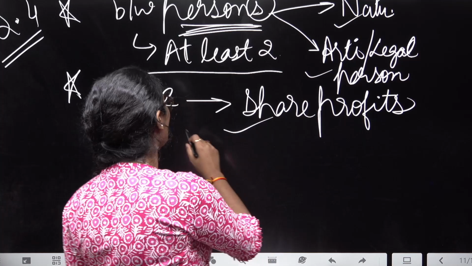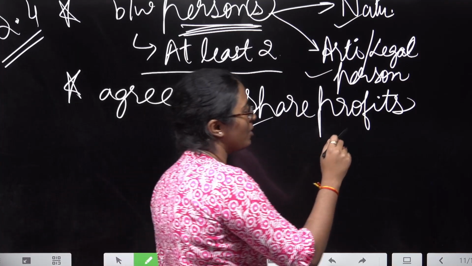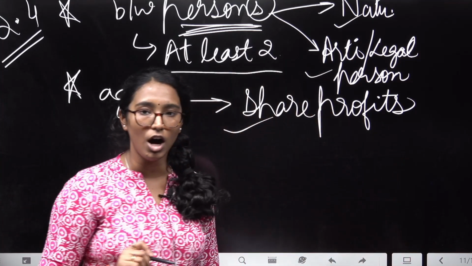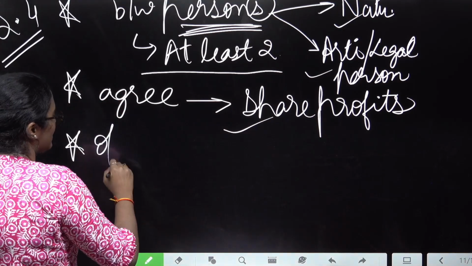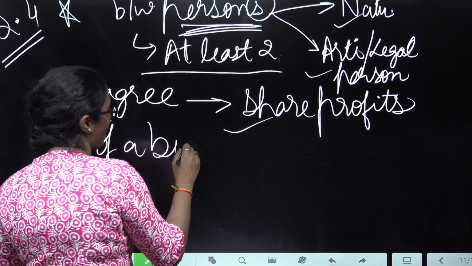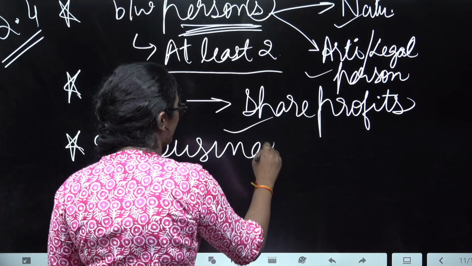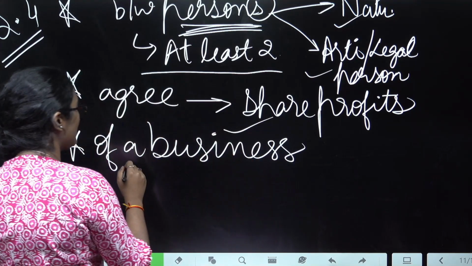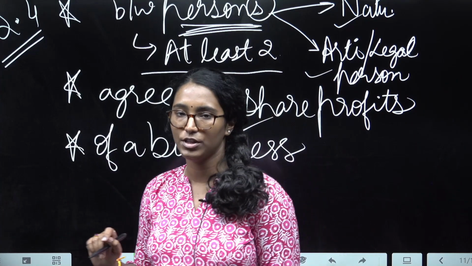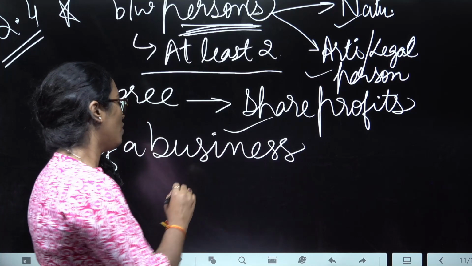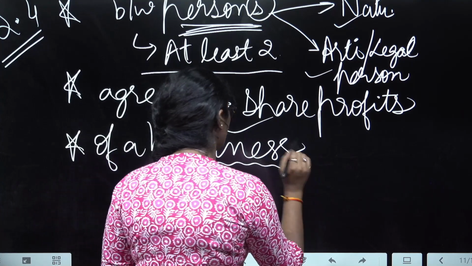So, these people agree to share the profits of what? They are agreeing to share profits of a business. This is the next important element. Now, what does a business mean?